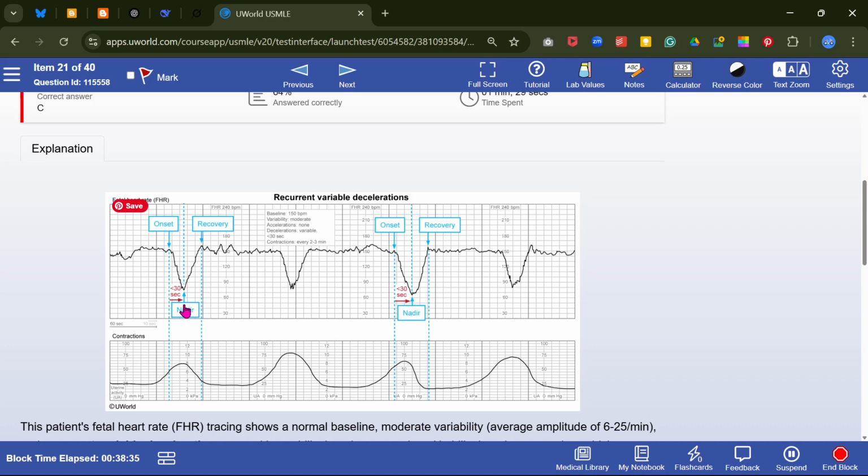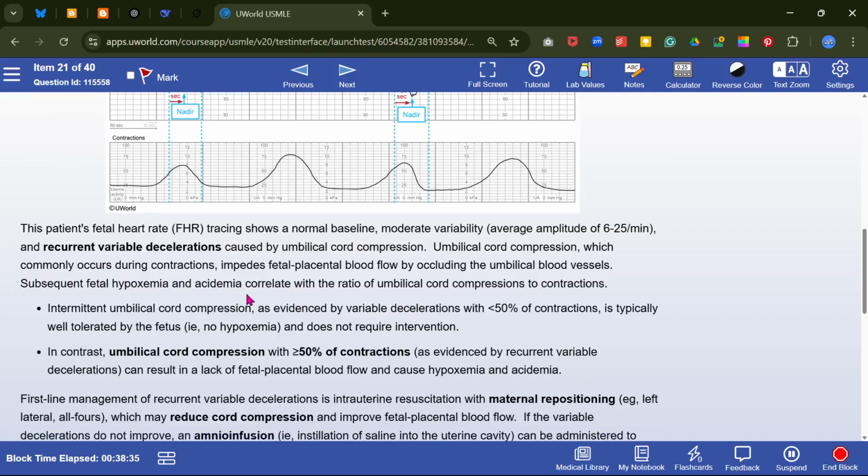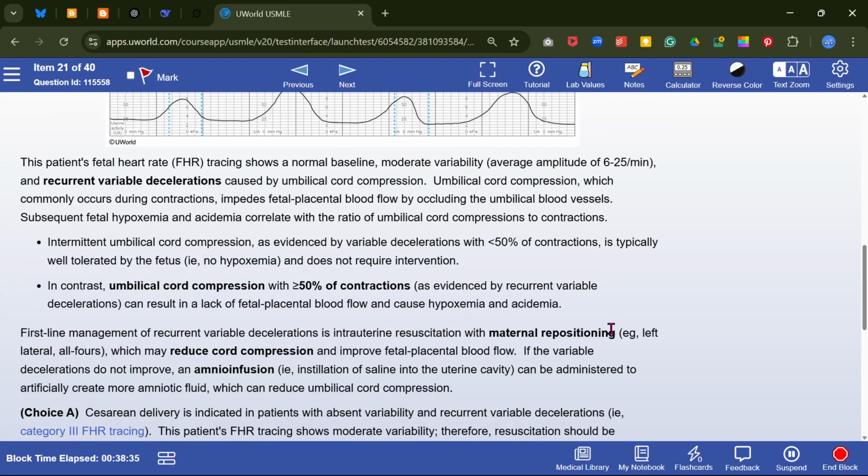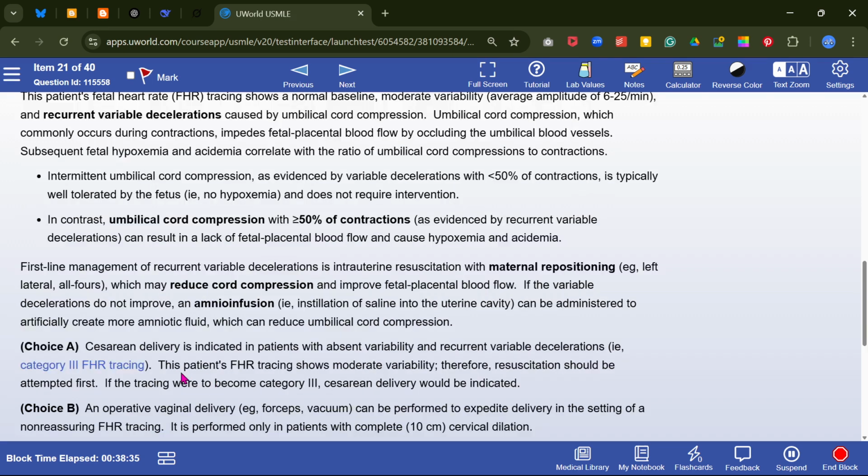Variable deceleration has three causes: cord compression, oligohydramnios, and cord prolapse. Here, cord compression can happen, so maternal repositioning to reduce the cord compression. If variable deceleration does not improve, then we can do amnioinfusion, instillation of saline into the uterine cavity.